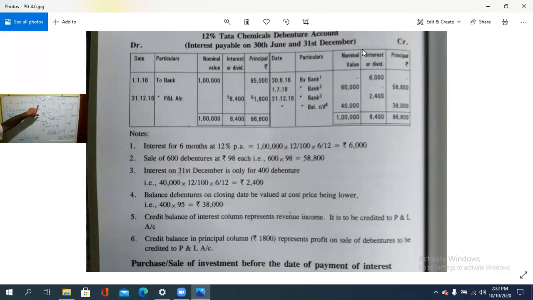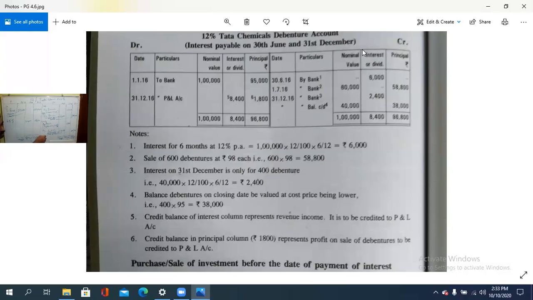That is the principal value purchase. And after that, there is half yearly interest. Then there is sale at rupees 98, 600 debentures out of the 1,000 purchased. Then after that, next half yearly interest. And then what is that? The remaining debentures is there.